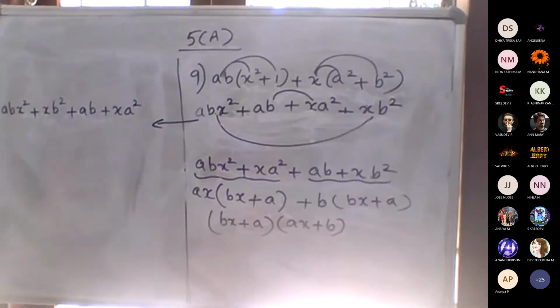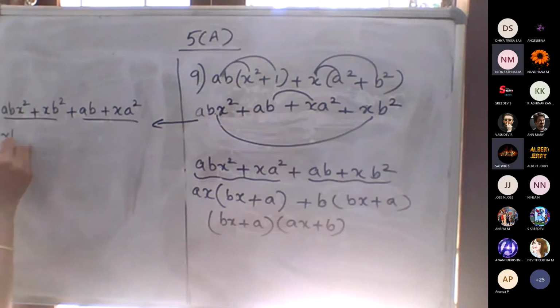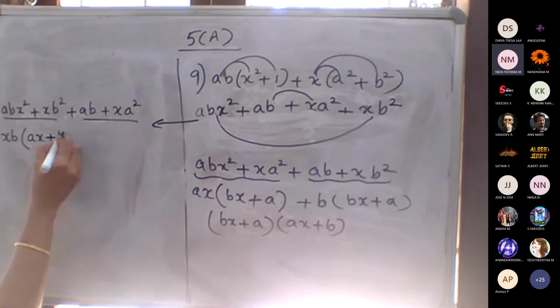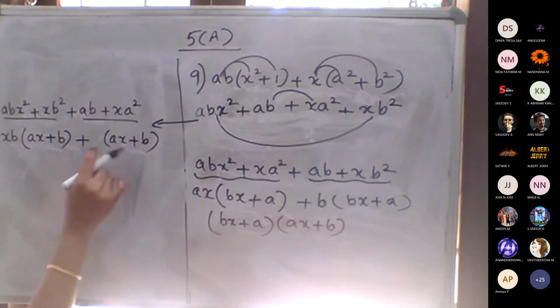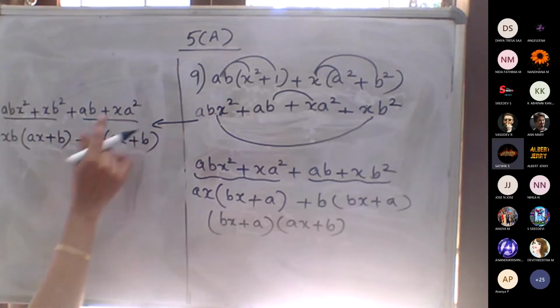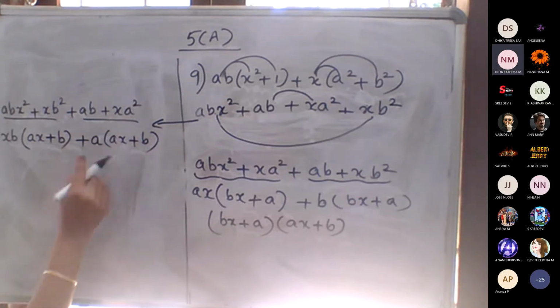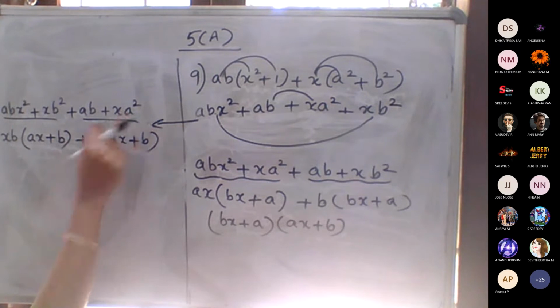So just check it. Which one is possible here from these two? xb, and ax plus b. Then the same ax plus b we have to write here. Then a into a, not a square x we will get.